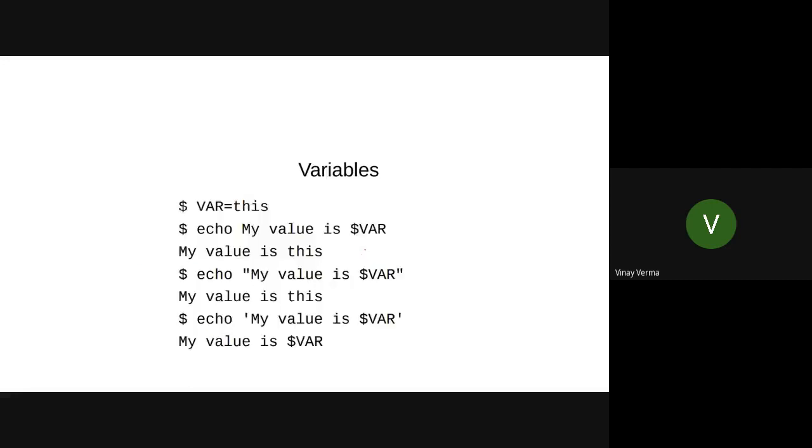Then variables: variables are entered without space. So any variable equal to this, this will be stored in this variable. And in double quotes, the variables will get executed. In single quotes, it will be treated as whatever it is without any change.